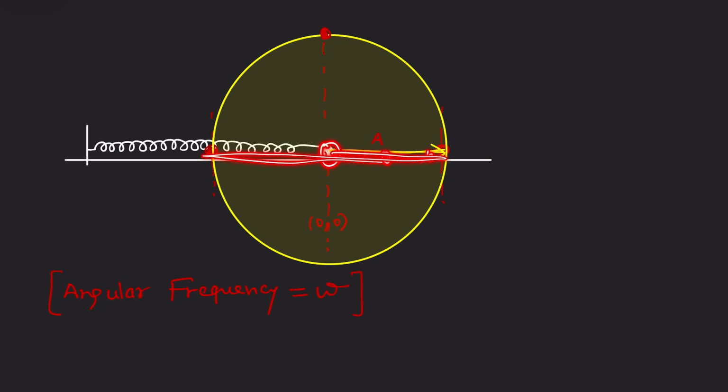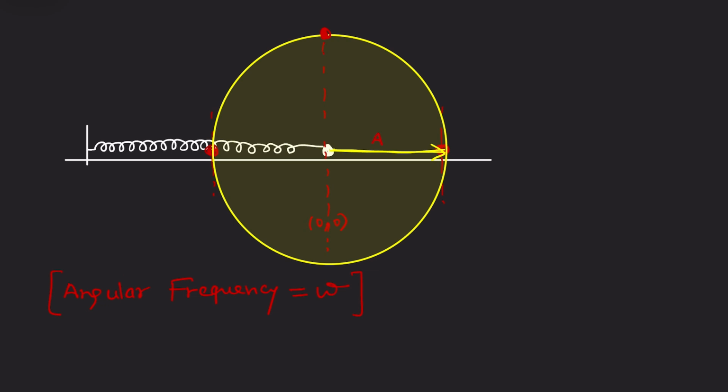It is going to replicate, or tell you, the location of this real particle at every moment. So the shadow of this imaginary particle on the x-axis is going to tell us where the real particle is going to be.